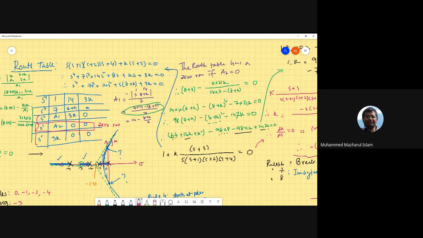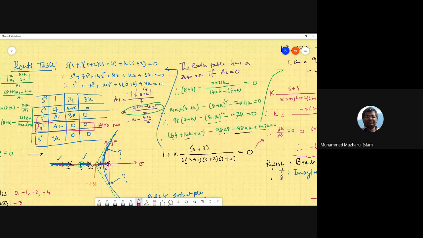So the row above the 0 row is s square, so you have to check whether A1 is negative or not. Remember these poles come in pairs, and there are only two even poles. Okay, so if you have no sign change then both the poles will be on the imaginary axis.